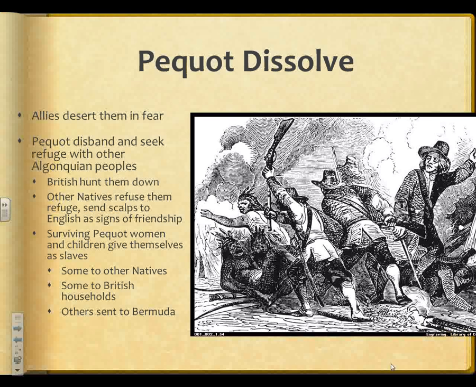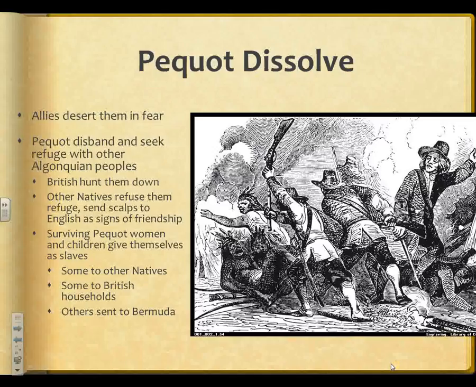After that, all of the allies of the Pequot are like, heck with that, we are not going to go against these crazy British people. And the Pequot themselves become marked men. None of the other tribes will take them in even as slaves. Because for the foreseeable future, anytime the English would come upon a tribe that was harboring a number of Pequot of any kind, they would then take it out against that tribe itself, right?